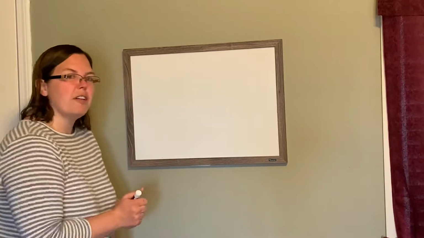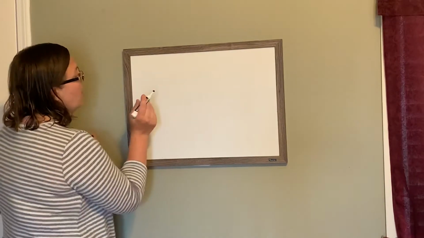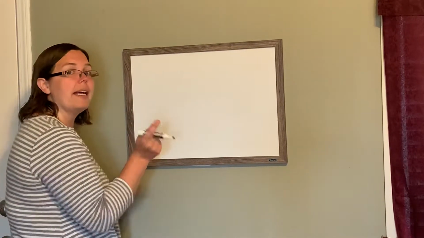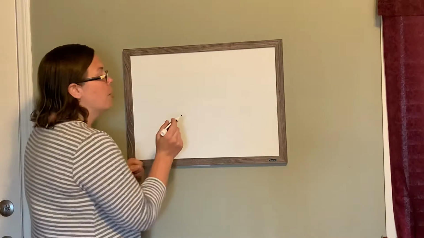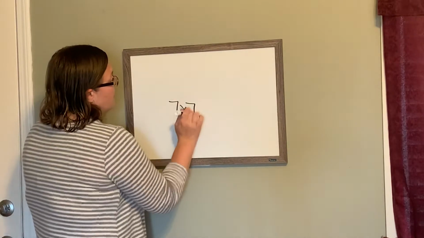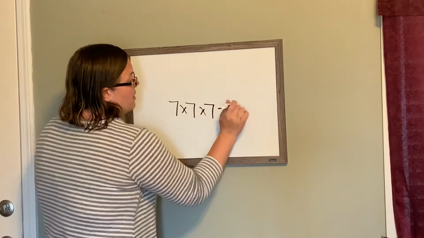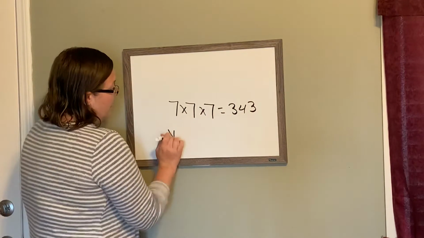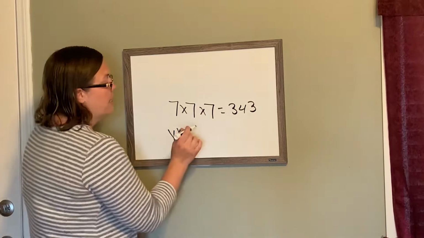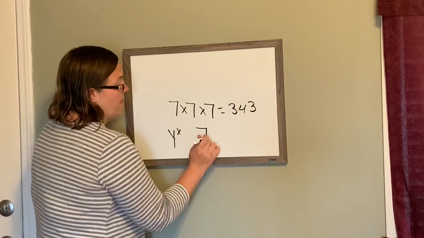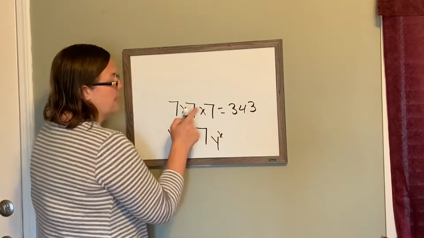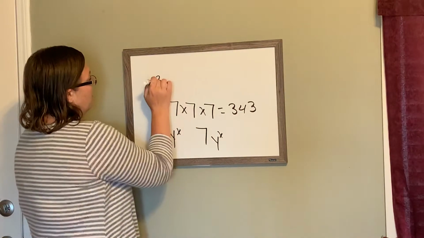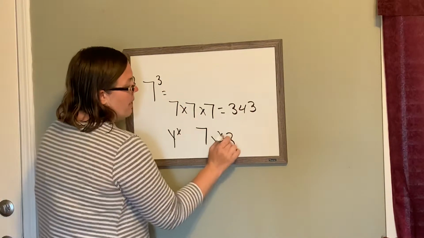Let's talk about perfect squares. Oh, let me go back to exponents real quick. With exponents on your calculator, you can either put it in like we did, or there's a fancy button on your calculator that looks like this sometimes. So what you would do is you put 7, y to the x, and since the exponent was 3, I would put 3.